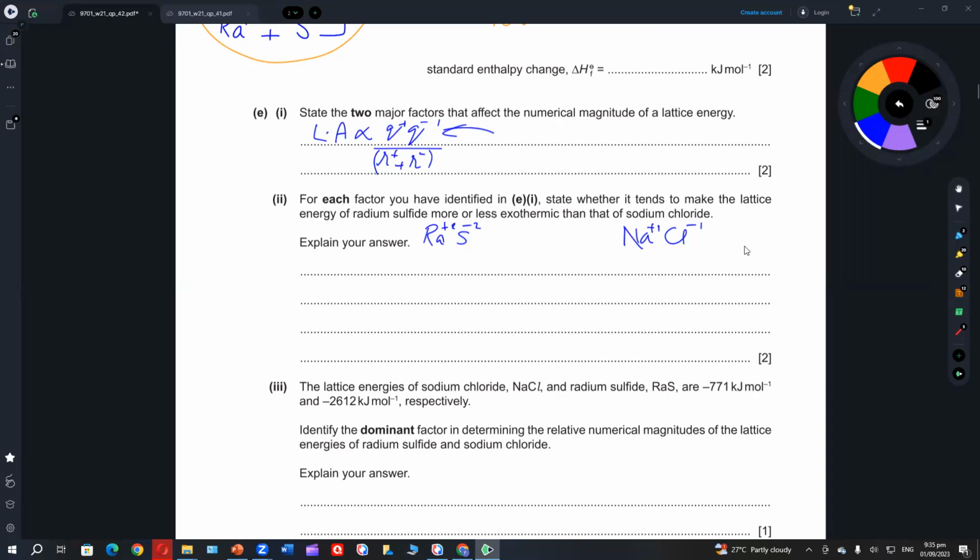And for sulfur, sulfur will be smaller than chlorine. I feel it is a subtle effect, because the numerator is favoring radium sulfide.